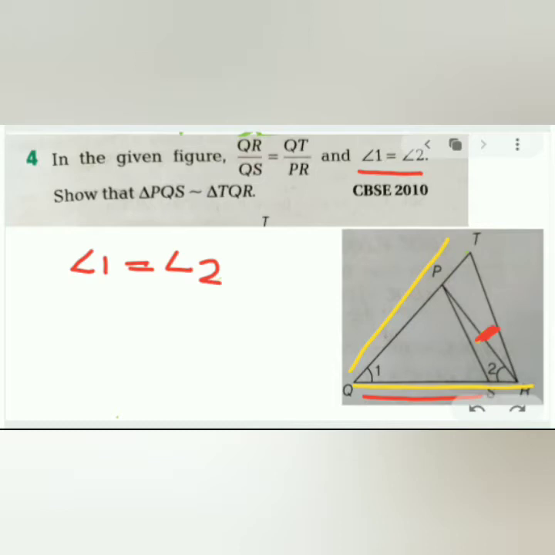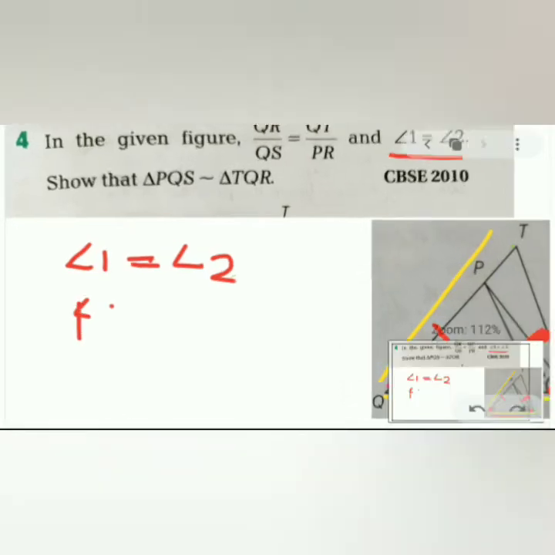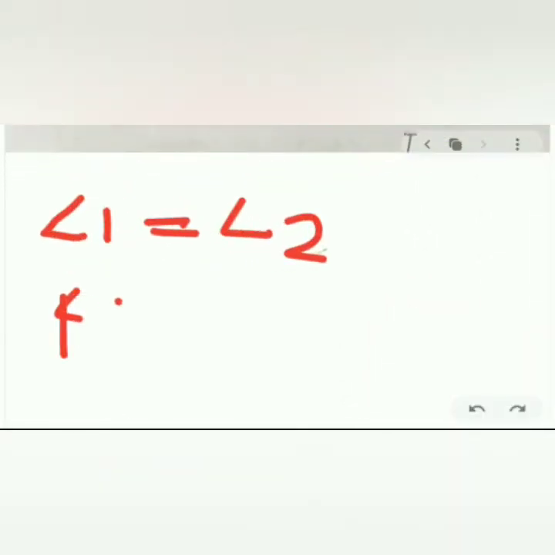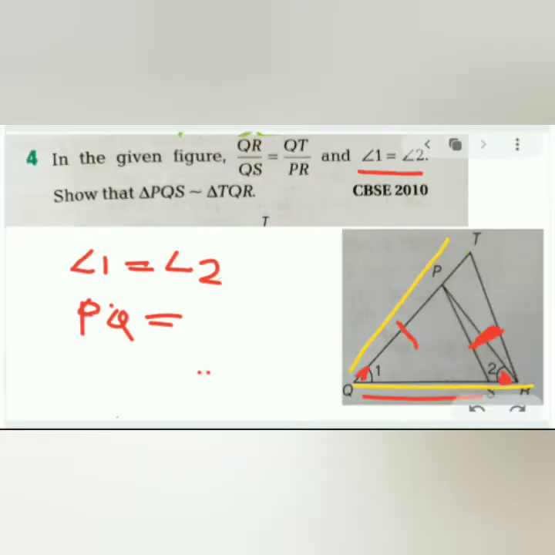In the 9th standard we learned that if two interior angles are the same, then their opposite sides are the same, because it forms an isosceles triangle. So if two angles are the same, we can write that PQ should be equal to PR.